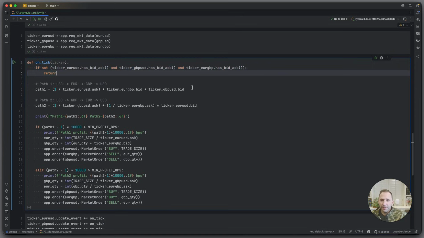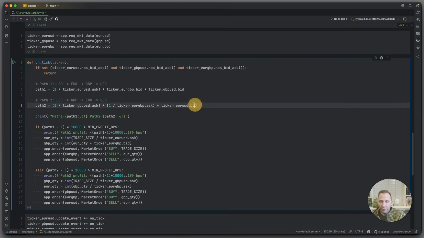The first path, as we saw before, is start with US dollar, trade into Euro, trade Euros into GBP, trade GBP back to USD. If this is greater than 1, we have a profit opportunity. That's the first path. Similarly, the second path is starting with US dollar, we go to GBP, we go to Euro, we go to US dollar.